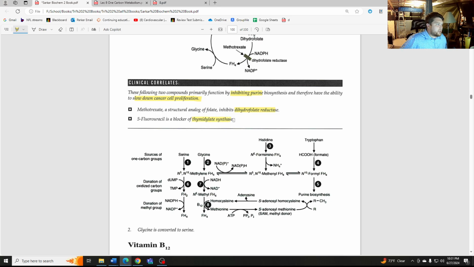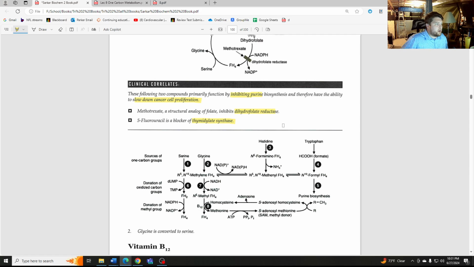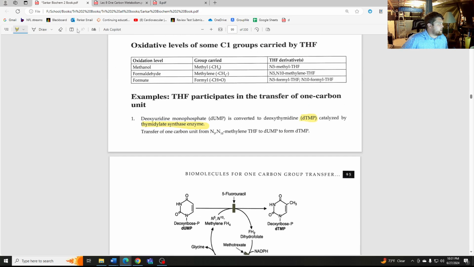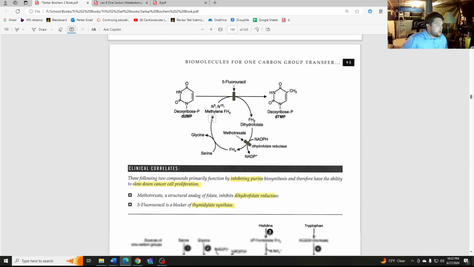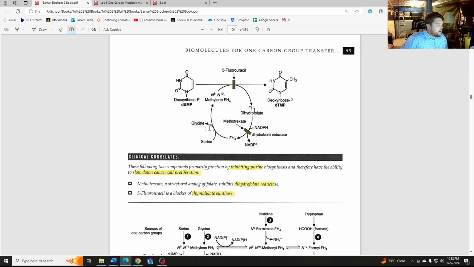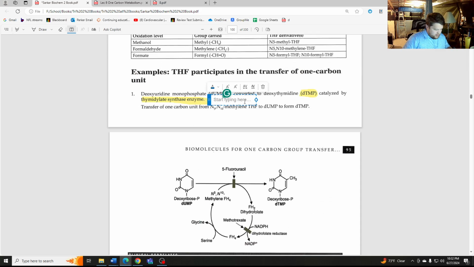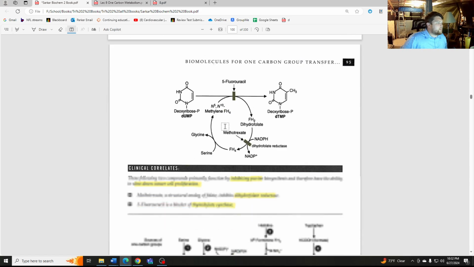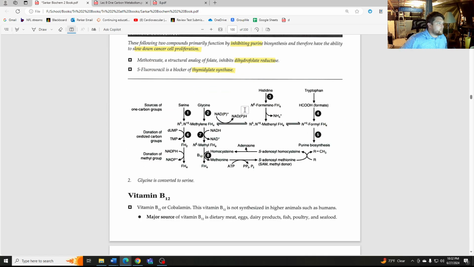So we want to connect those two: the dihydrofolate reductase, and I'd even come up here and say this thymidylate synthase enzyme, this guy right here, 5-fluorouracil, inhibits this enzyme. And we'll keep going.